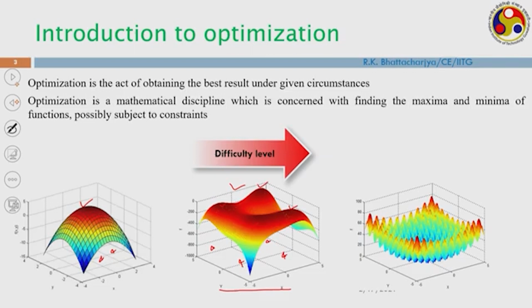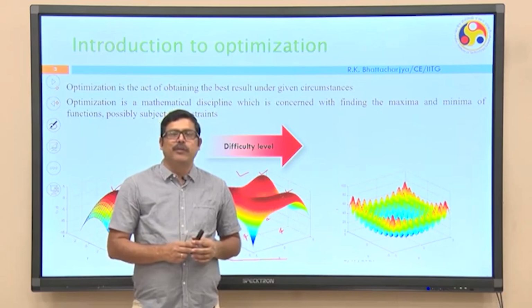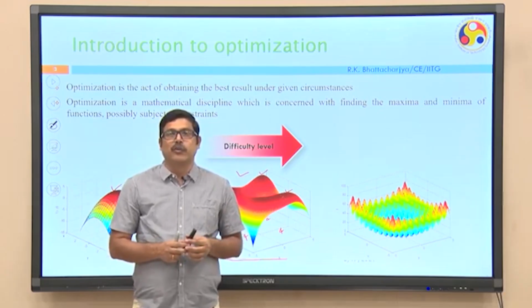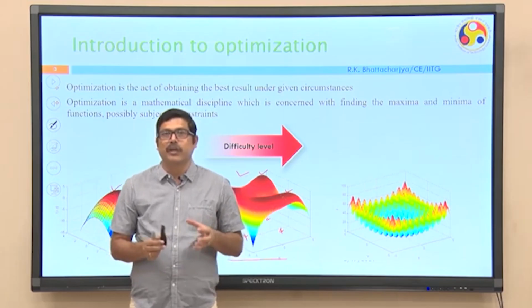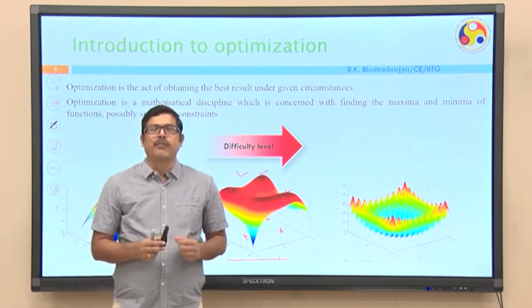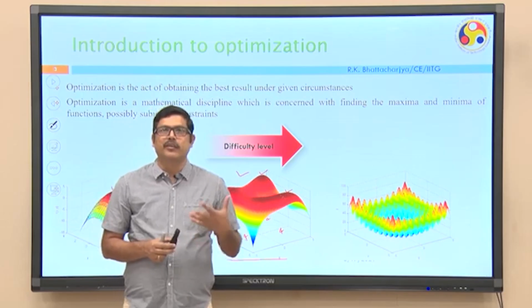So for this particular function, depending upon what initial solution you have chosen, you will get one of the local optimal solutions, and basically it is sensitive to the initial solution.